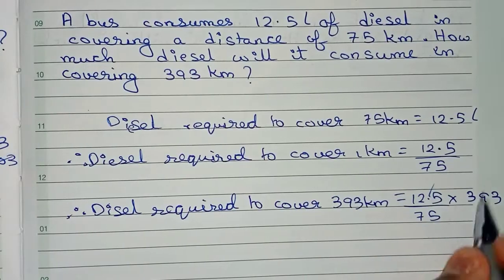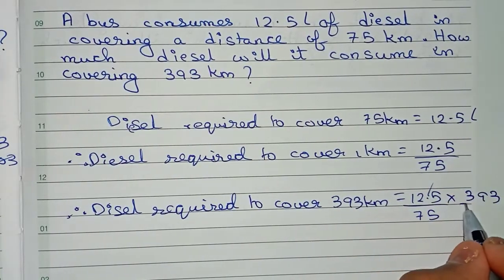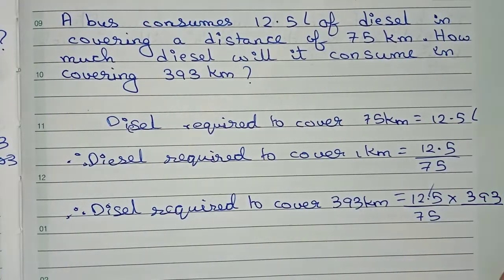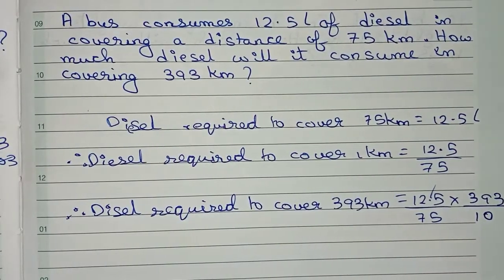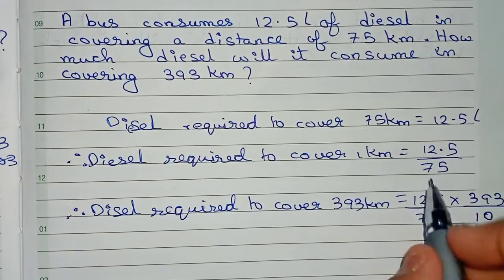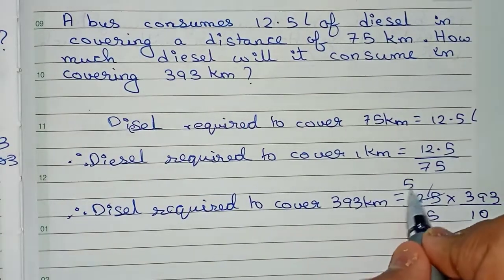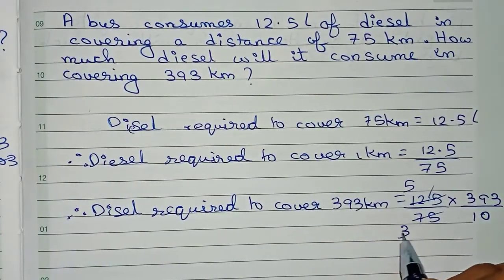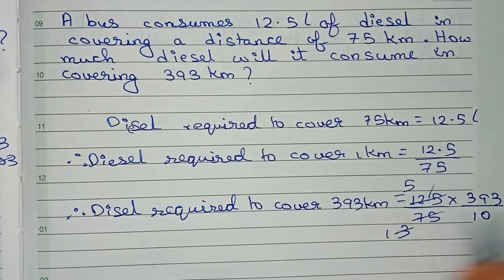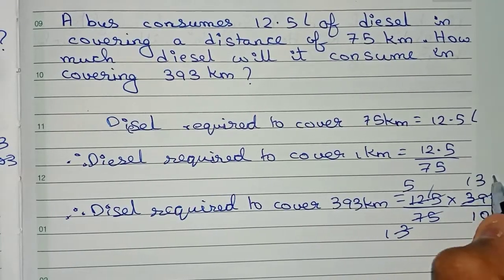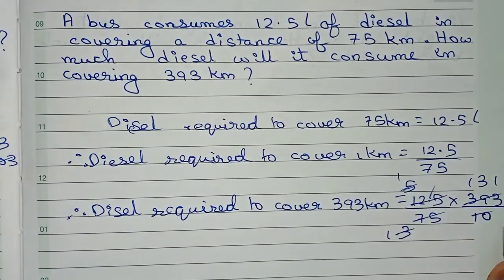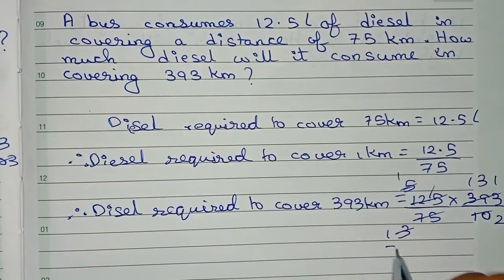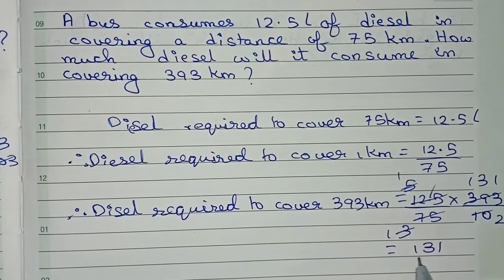Since 12.5 is in the numerator, the decimal has one position, so we write 10 in the denominator. Now I solve this. First we get 125 and 75, divide by 25, it will become 5 and 3. Now I got 3 and 393, it will become 131. Now I got 5 and 10, it will become 2. Now I cannot cut it further, so it becomes 131 by 2.